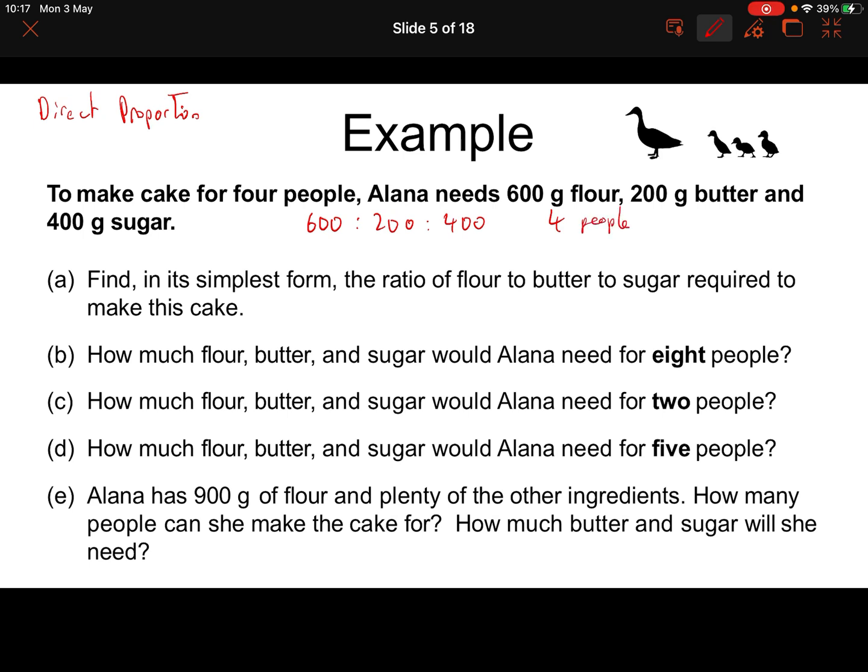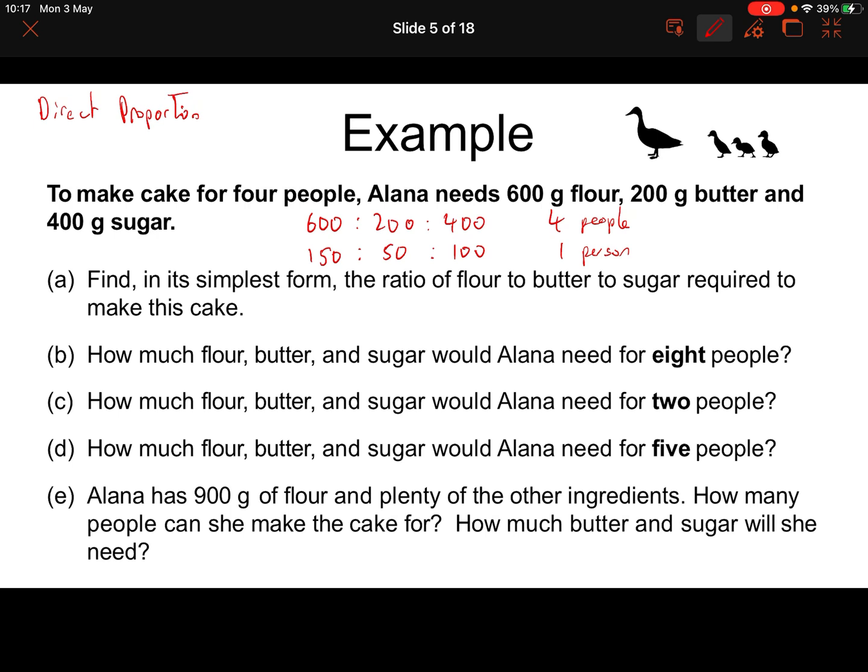So using the unitary method, I'm going to divide each of these by 4, so I know how much I need for one person. So there would be 150, 50, and 100 would feed one person.